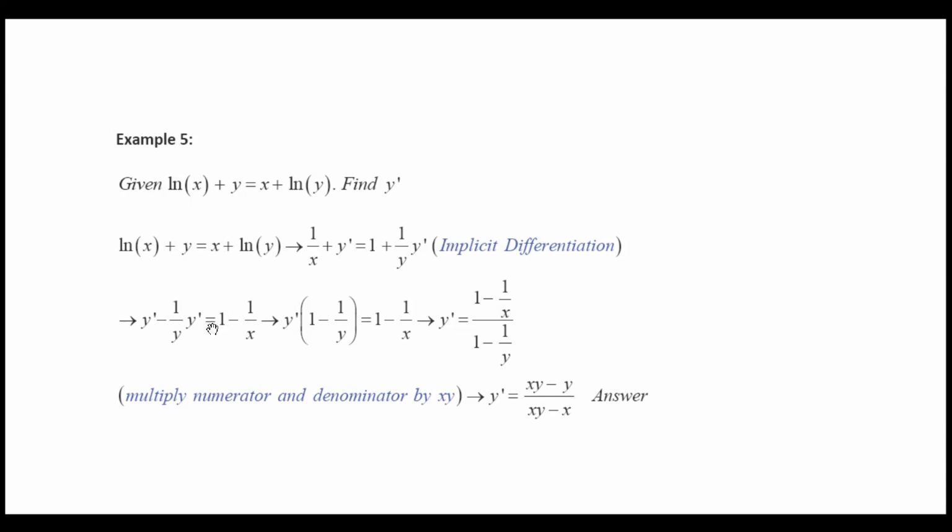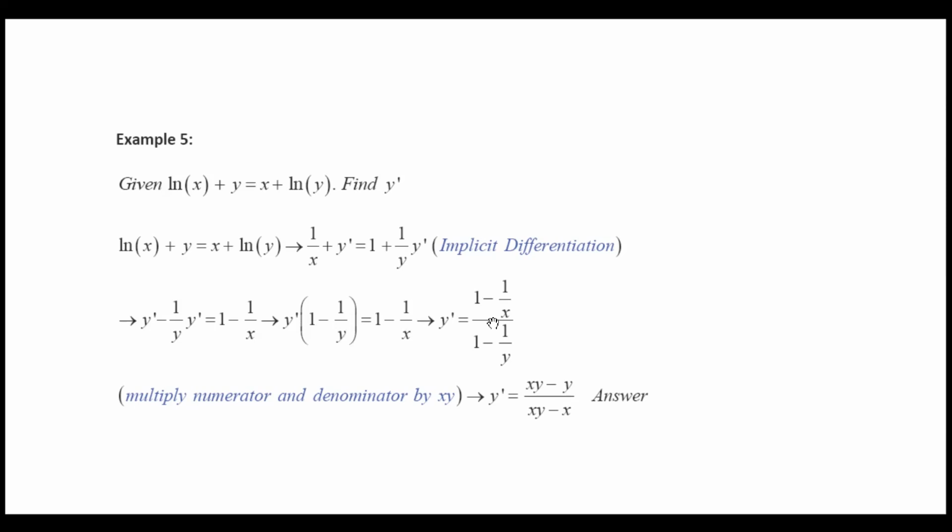That's all we've done in this step here. Now we'll factor out a y prime, and when we do, y prime times 1 minus 1 over y is equal to 1 minus 1 over x. And now we'll divide everything by 1 minus 1 over y, and that gives us this. Okay, a little tongue-tied problem here.